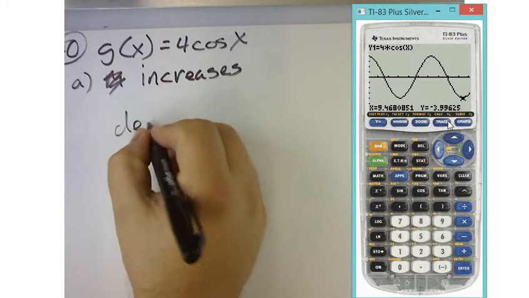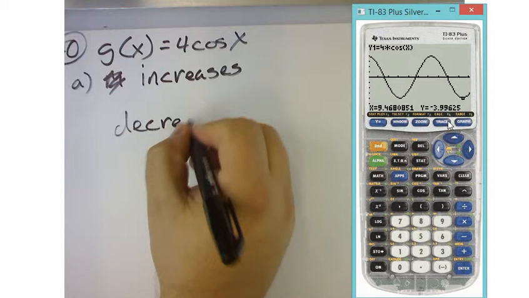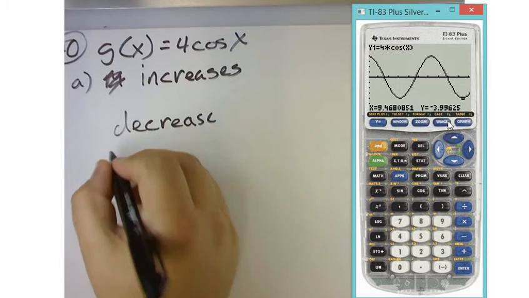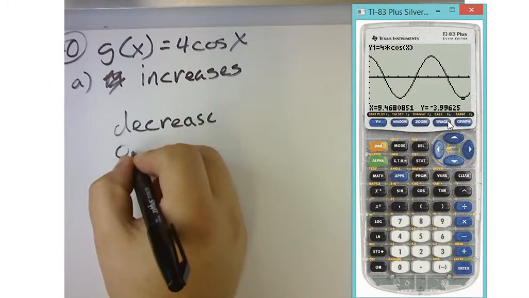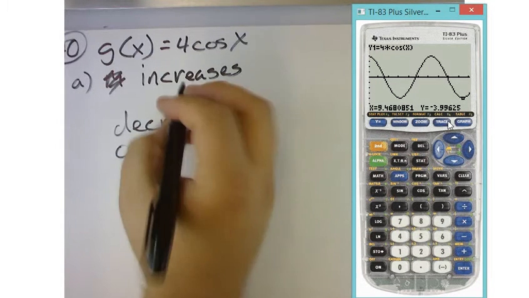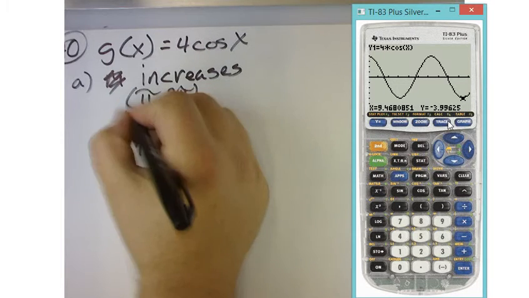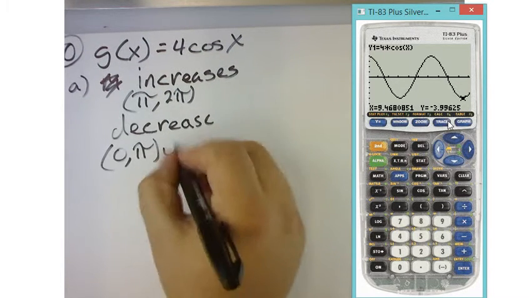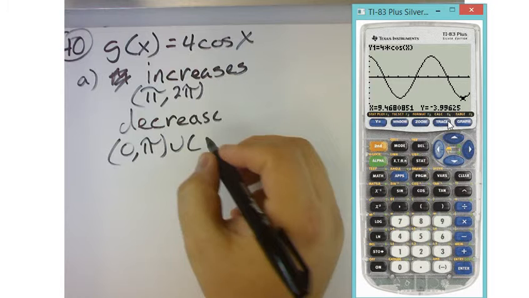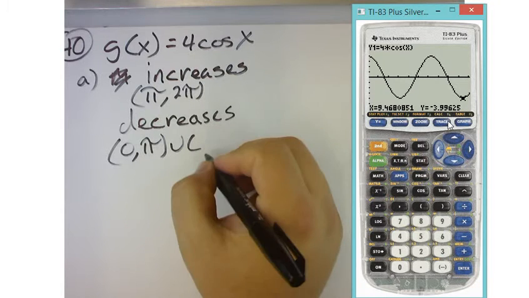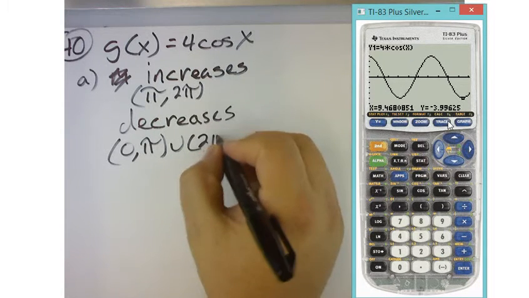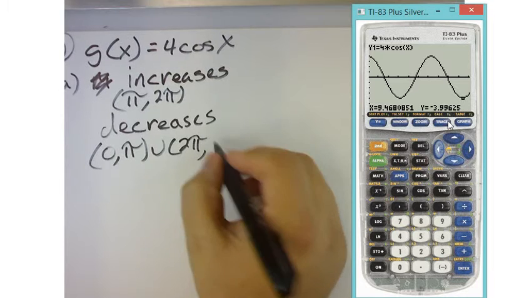So let's start with the decrease. We'll start at 0. It decreases from 0 to pi, and then from pi to 2 pi it increases. Then it increases or decreases from 2 pi to 3 pi.